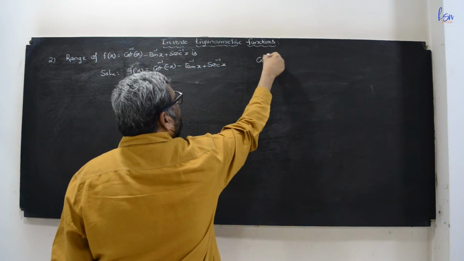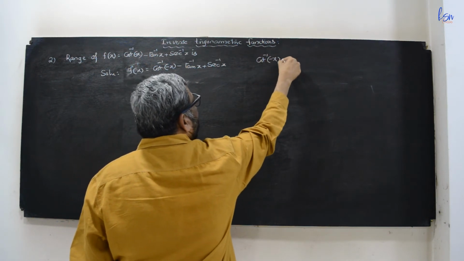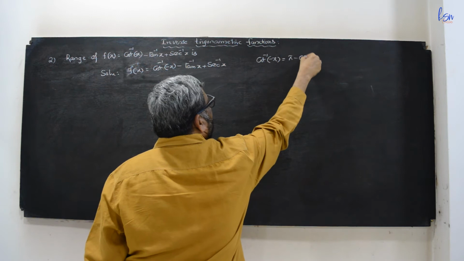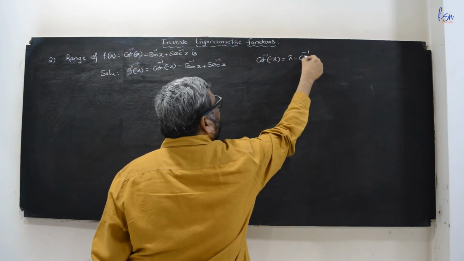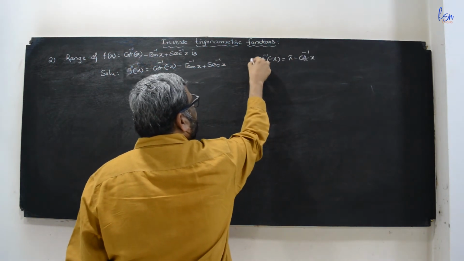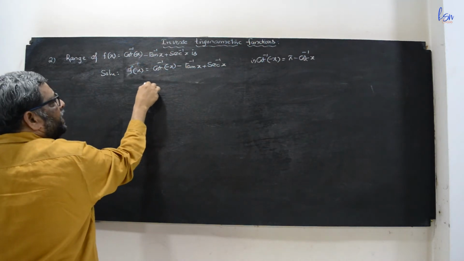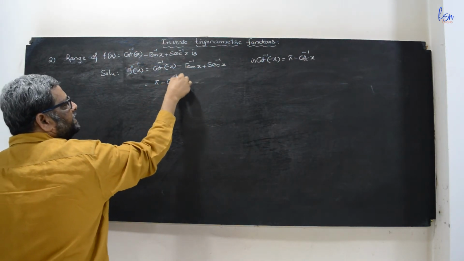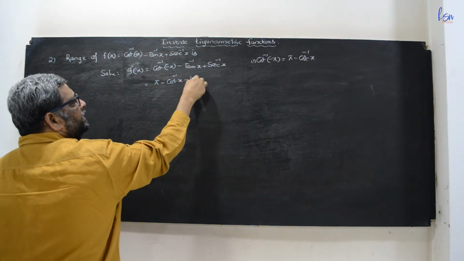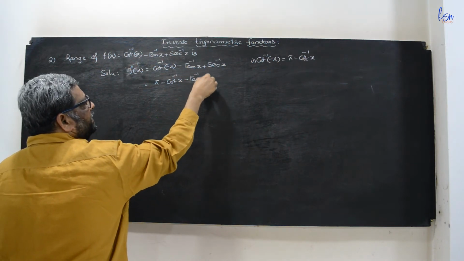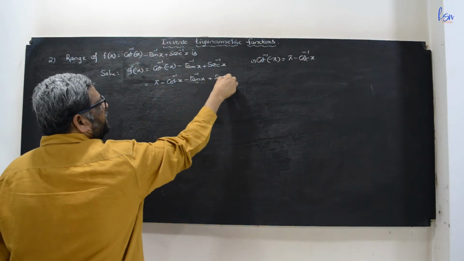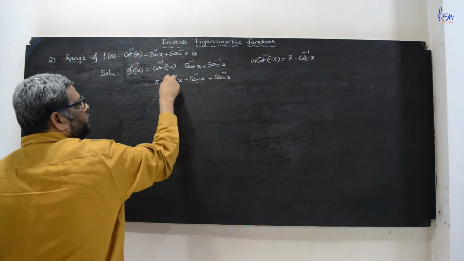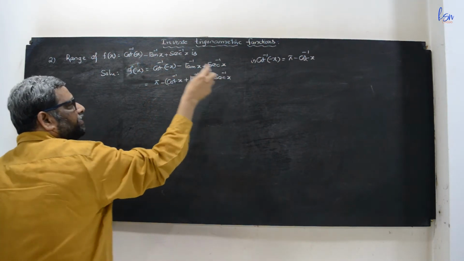Cot inverse minus x is equal to pi minus cot inverse x. You can write this formula here. It can be written as pi minus cot inverse x minus tan inverse x plus secant inverse x.